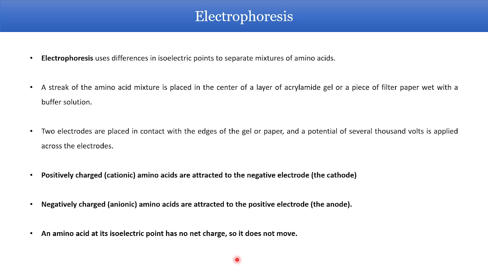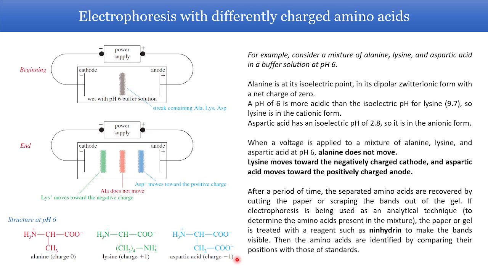The positively charged amino acids would be attracted towards the cathode, and the negatively charged amino acids would be attracted towards the positive electrode, or the anode. An amino acid that has no net charge will show no mobility.